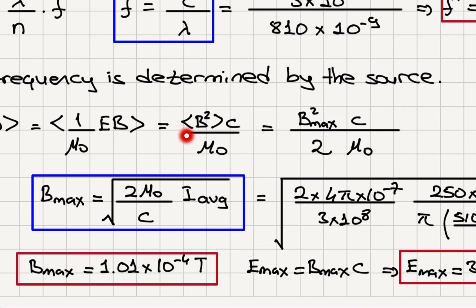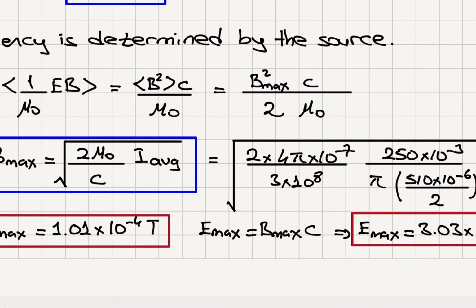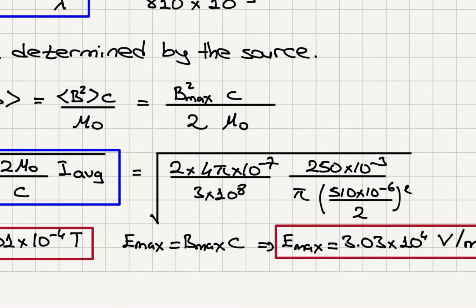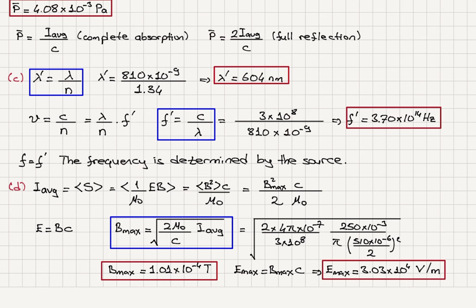So time average value of B squared is B max squared over 2 times c over mu0. From this we can obtain the maximum magnetic field magnitude, and we can obtain the amplitude of the electric field by multiplying B max with c, and this is going to be our final answer.